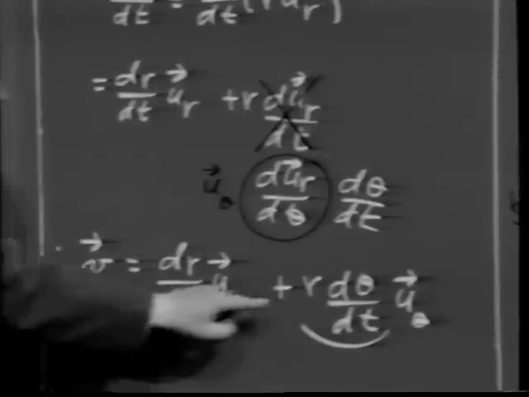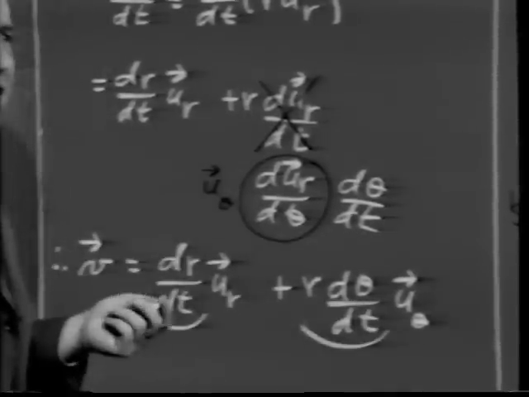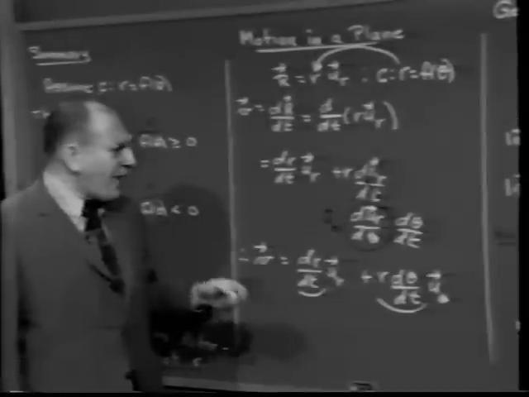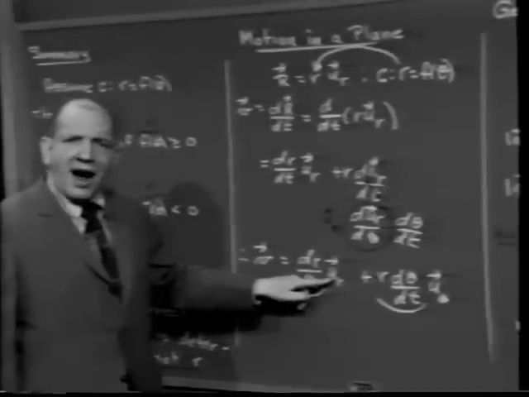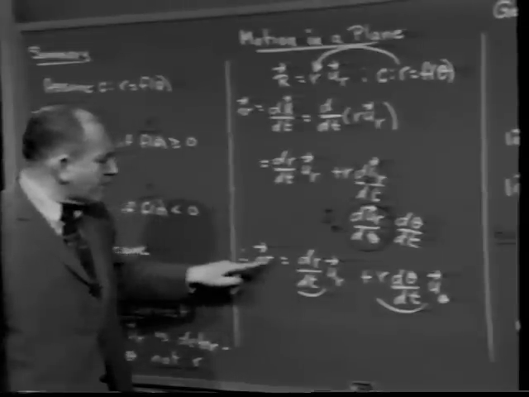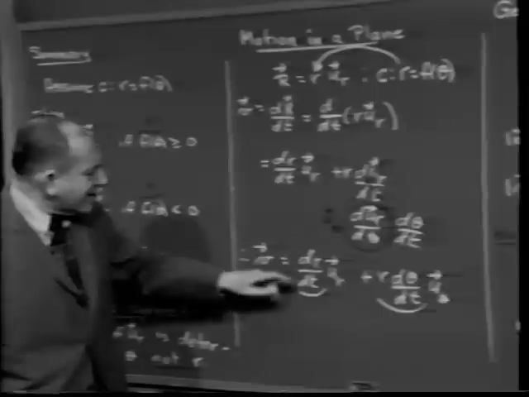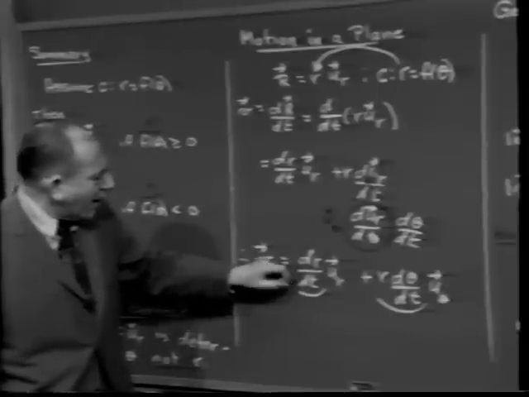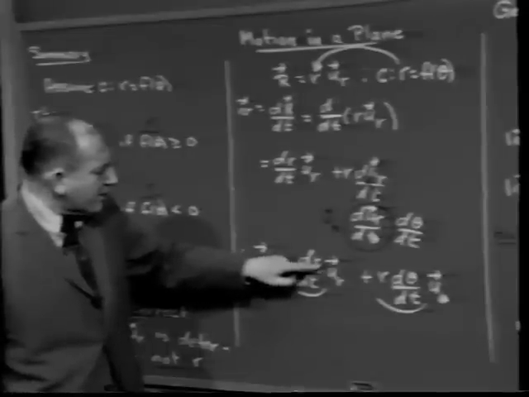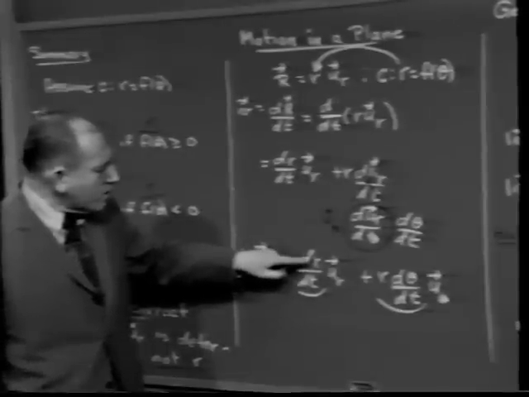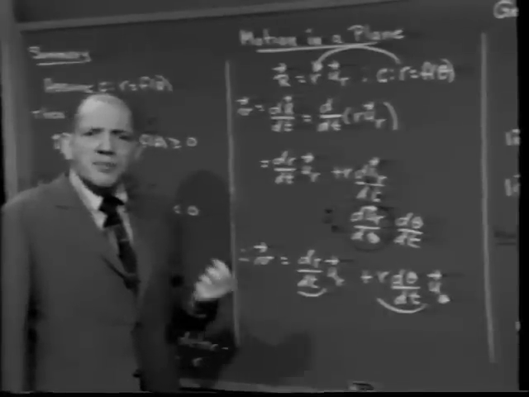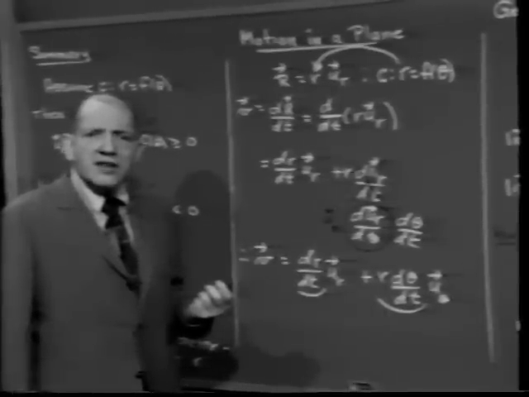that as far as u sub r and u sub theta are concerned, even if I did not notice the subtlety that u sub r need not have the same sense as the radius vector r, and by the way, I'm going to leave this for the exercises, notice that if I didn't try to graph the answer here, given r as a function of theta and theta as a function of t, the dr dt and r d theta dt are well defined arithmetically with no possible chance of making a geometric mistake.